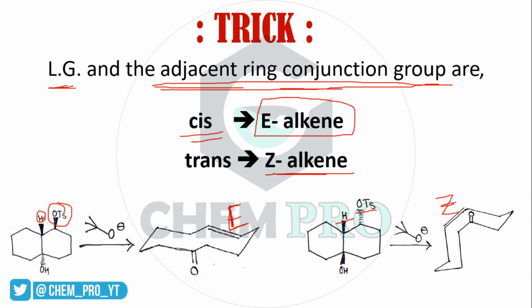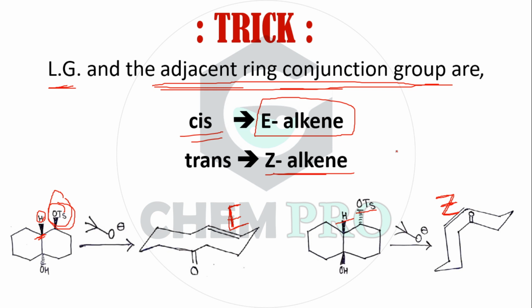This is a short trick: if the leaving group and the ring junction group are cis, the alkene must be E, and if they are trans, the alkene must be Z.